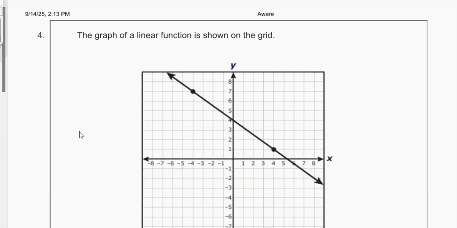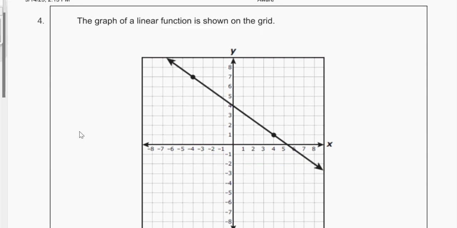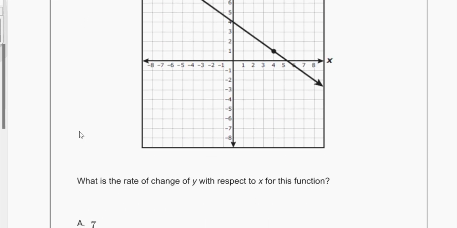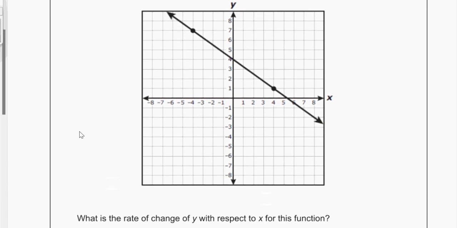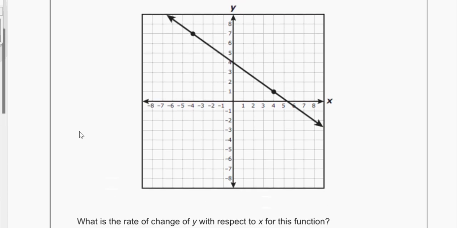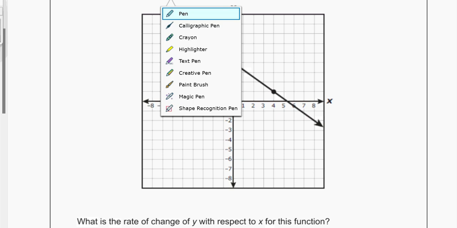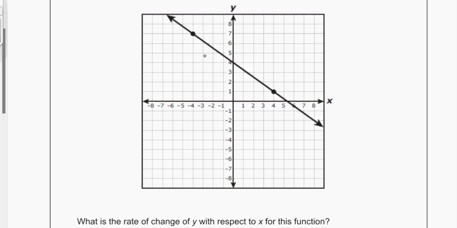Okay, number 4, the graph of a linear function is shown on the grid. What is the rate of change of y with respect to x for this function? So my rate of change is the same as my slope. I'm going to look between my 2 points. First, I can see it's negative because my line is decreasing. I have my change in y and then my change in x.